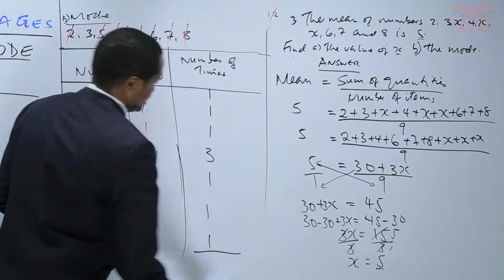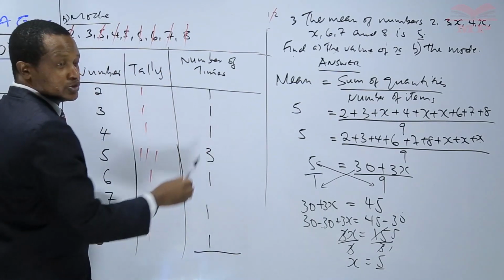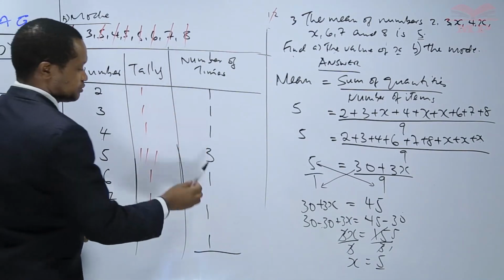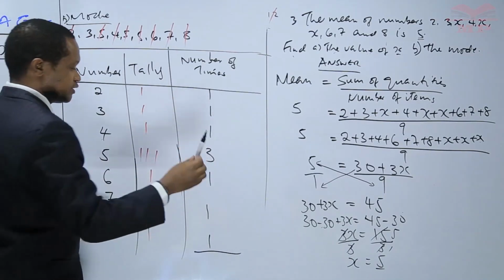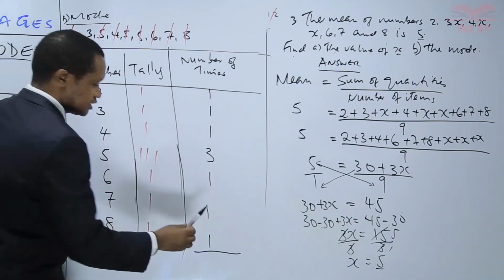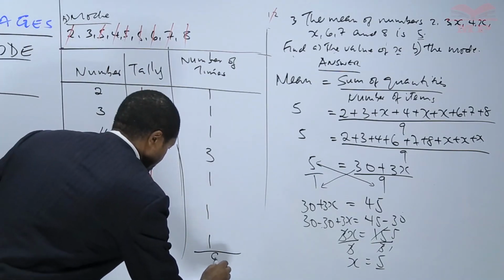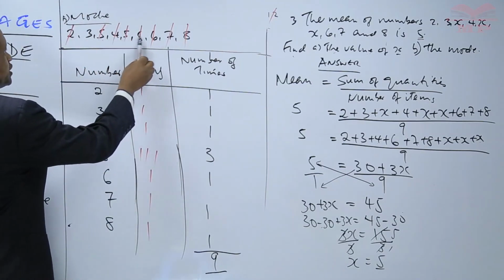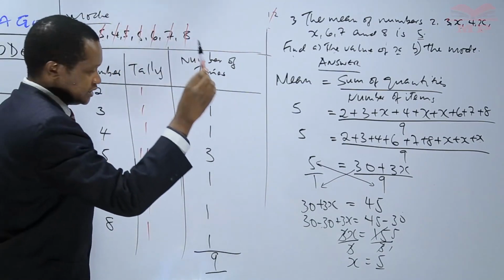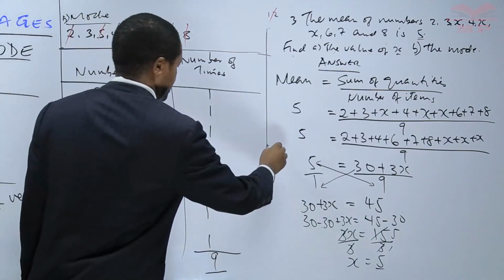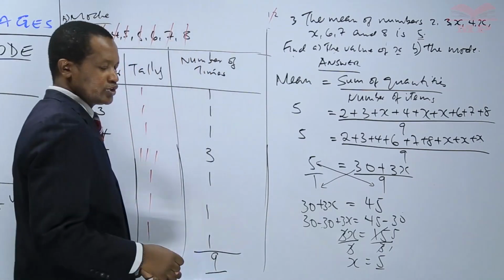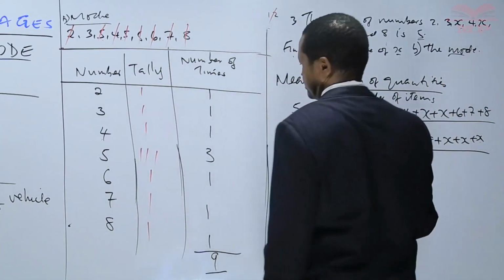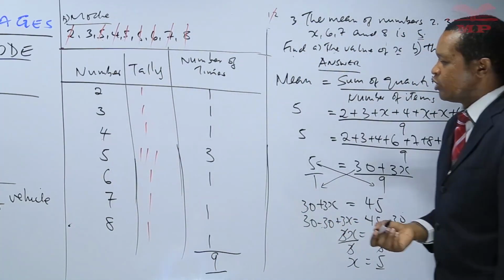This should give us 9. 1 plus 1, 2, 2 plus 1, 3, 3 plus 3, 6, 6 plus 1, 7, 7 plus 1, 8, 8 plus 1, 9. 9 items. So what was the question? Find the mode.